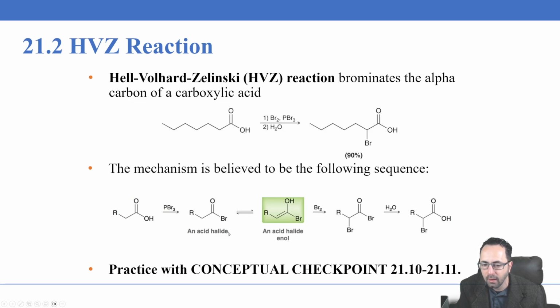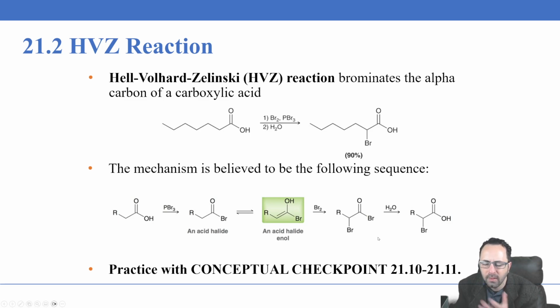The acid halide then forms an acid halide enol in equilibrium here. And finally, if we react with Br2, we get a bromination again of the enol at the alpha carbon. And then finally, treatment with water will give us the final oxidized product here, where the bromine is then replaced again with the OH group.